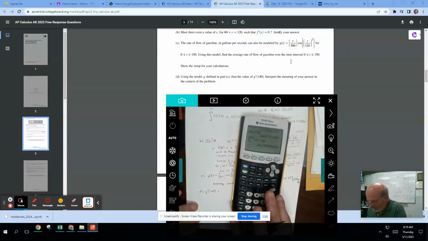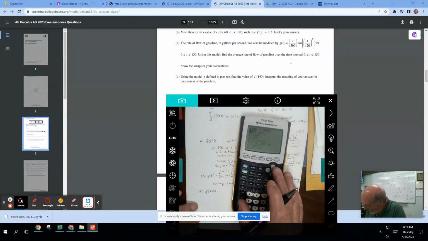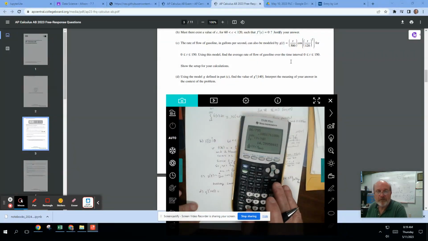So we can find G prime of 140 using the calculator also. Math. This time we're going to do the numeric derivative, with respect to x, since that's what we entered in the calculator. We're going to put y1 in here again. That's the function g, that's right. And we're going to evaluate that at x equals 140.